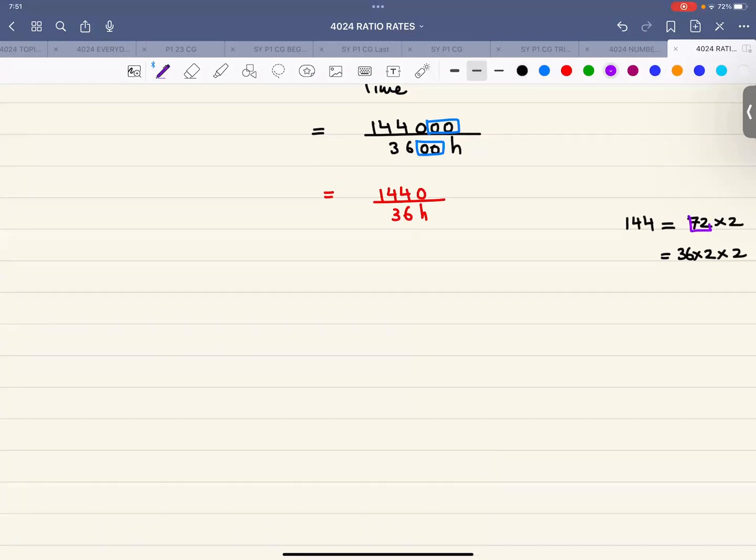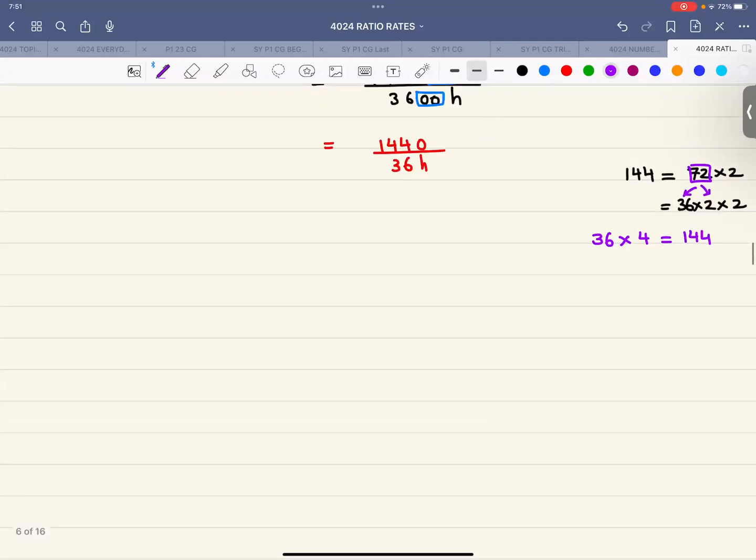So basically 36 into 4 is 144. So we have 144, the 0 is extra. Let me write it on the side. Divided by 36H. So 144 divided by 36, the answer is 40 over H.